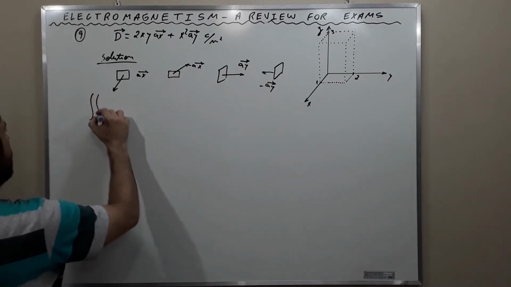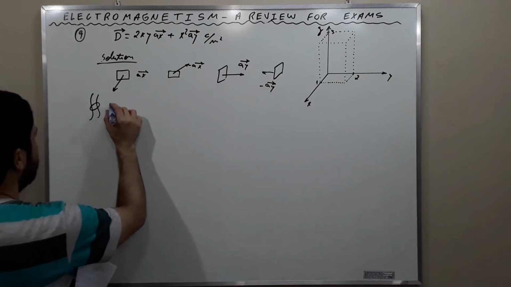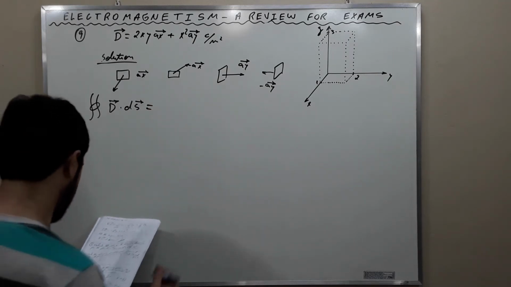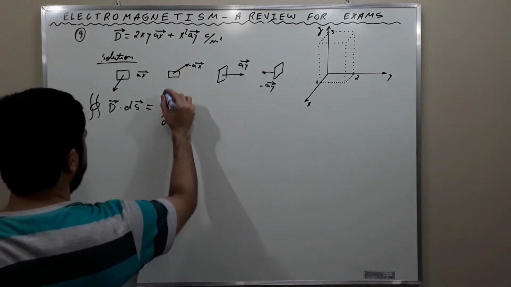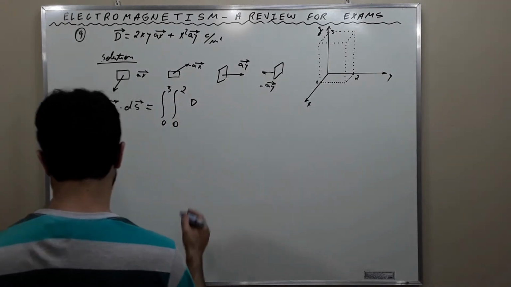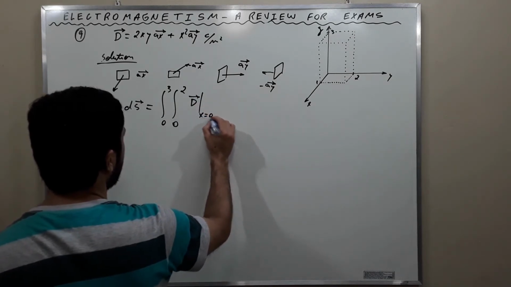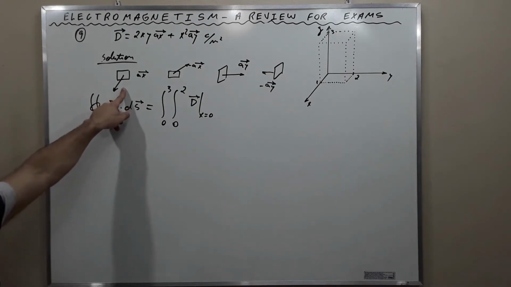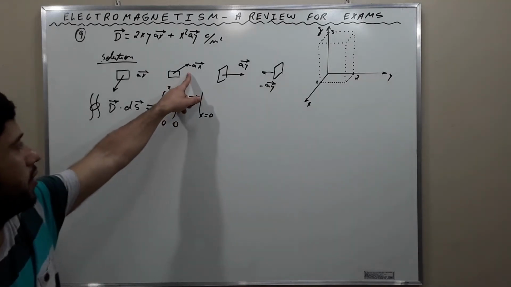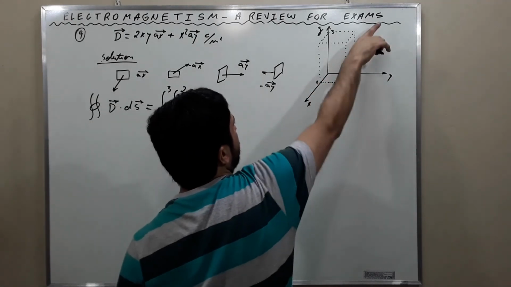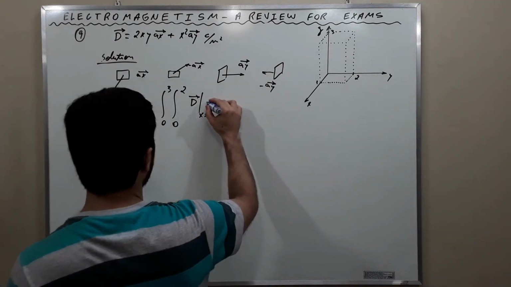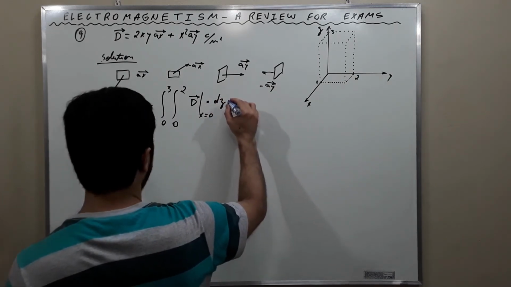And yes, this surface integral can be split into 4, and is going to be the integral from 0 to 3, the integral from 0 to 2 of D for the surface x equal to 0, this surface here, x equal to 0, with the vector pointing in the negative x direction, dy dz.